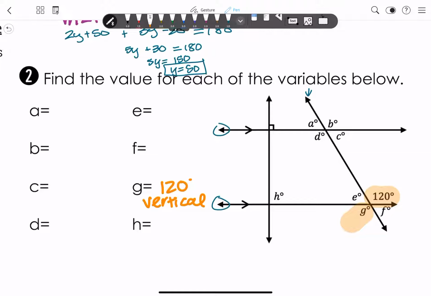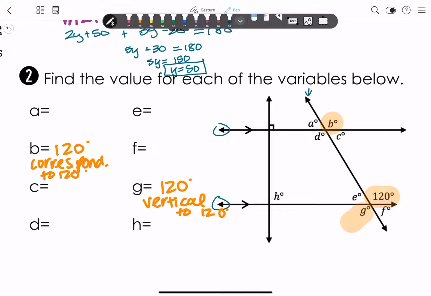All right, now we can also look back and see that angle B is a corresponding angle, which means it's a copy-paste because both of those lines are parallel, and it's 120 degrees. So we're going to write down that it's corresponding. You want to typically make sure that you say it's vertical or corresponding to the 120, so you know which one it is.